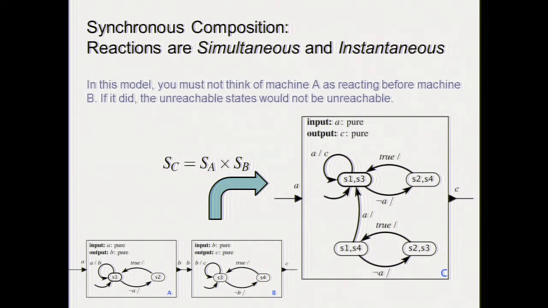So in the composed machine, it's true that in the worst case the number of states is the product of the two, and if you have three machines to compose, it's N1 cross N2 cross N3. So it's an exponentially growing number of states.